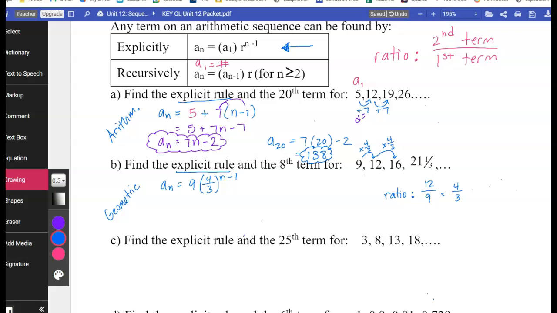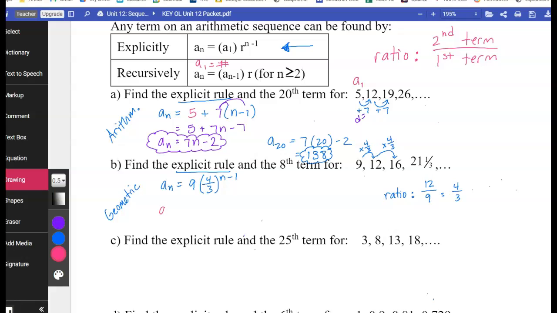Then it wants us to find the 8th term. How do you think we're going to find the 8th term? Because this is explicitly written, what do we do to find the 8th term? Thank you, Sophia.